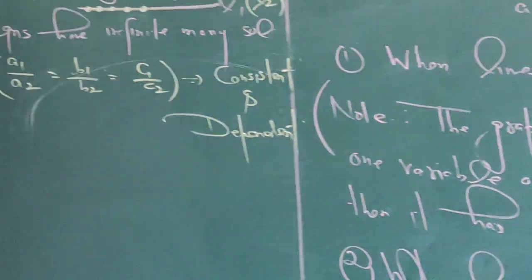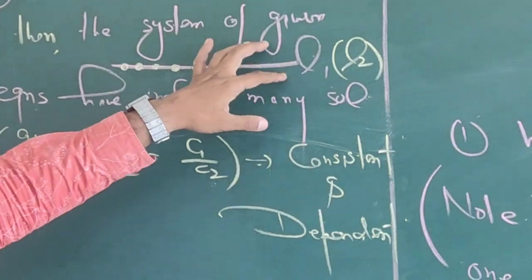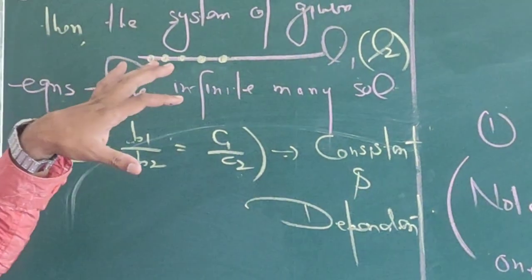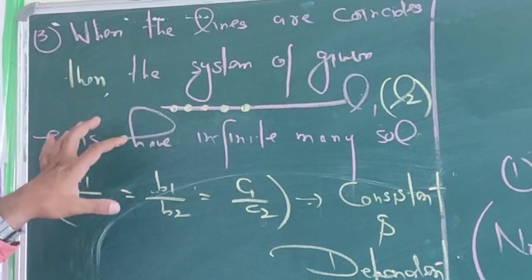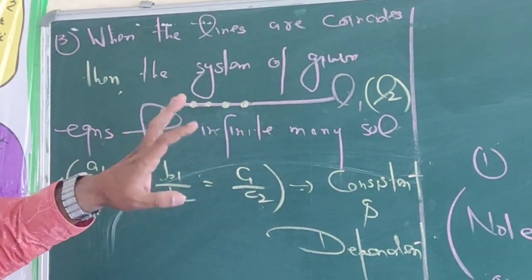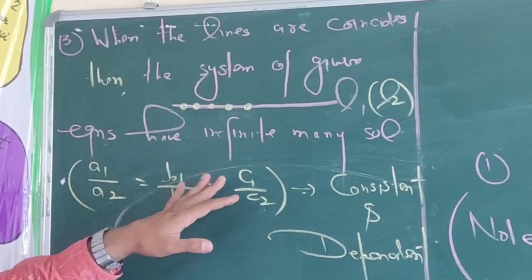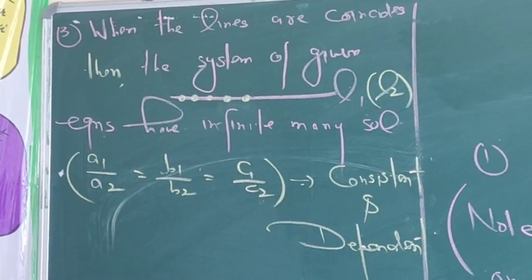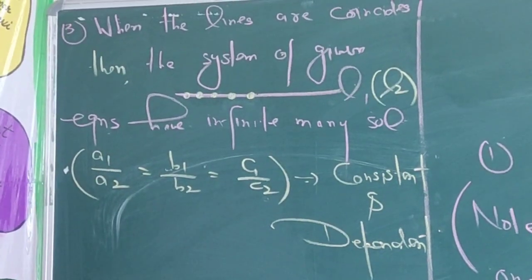And the third condition, when the lines coincide and all the points are common, so there are infinitely many solutions, meaning the solutions which are not countable. And in this condition the ratios of all terms are equal, means a1 upon a2 equal to b1 upon b2 equal to c1 upon c2. This is also said to be consistent and dependent.